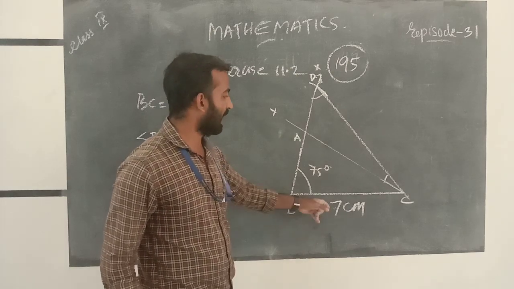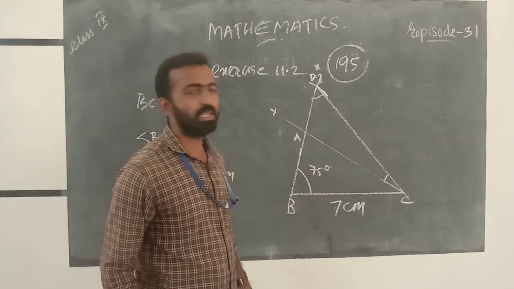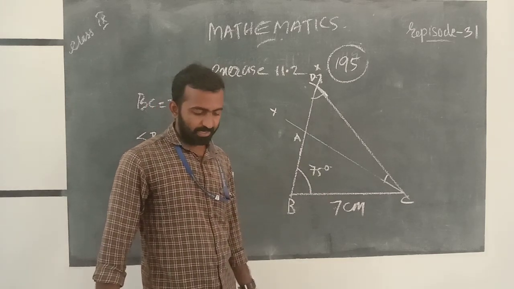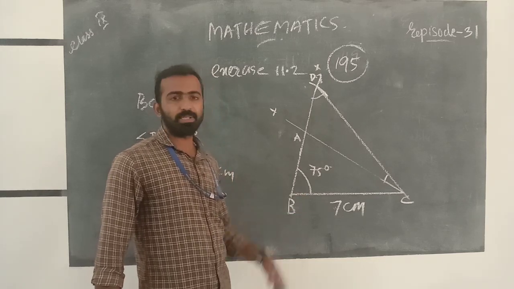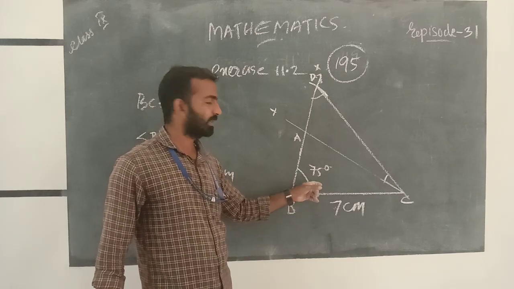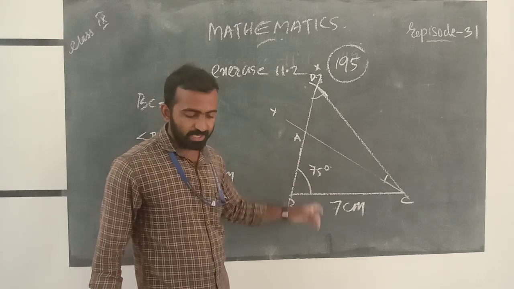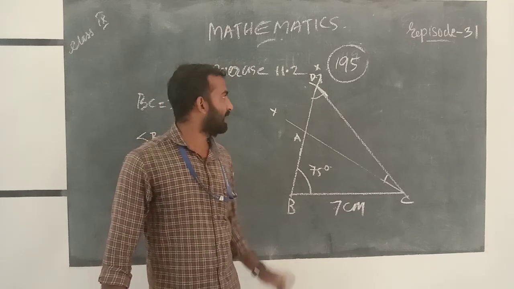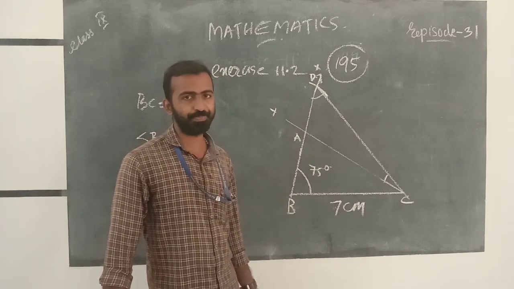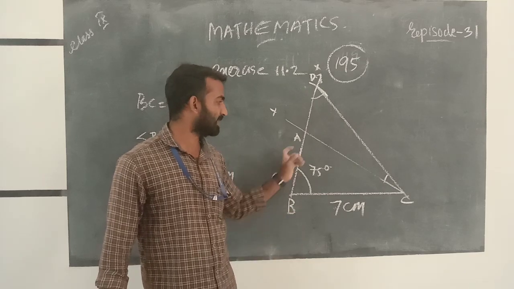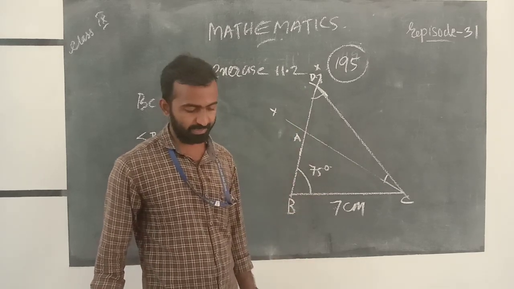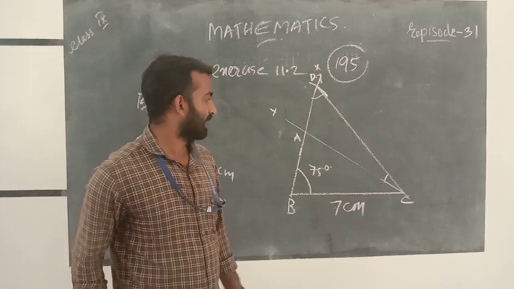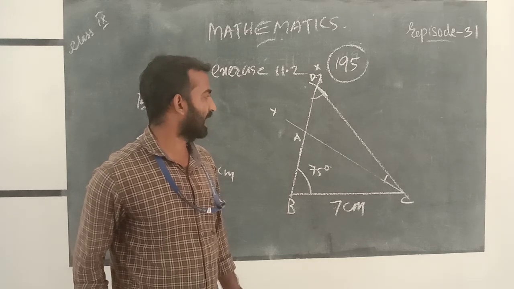So first we draw the base BC. Next we make angle B as 75 degrees. And next, cut the line segment BD as AB plus AC, which is 13 centimeters.